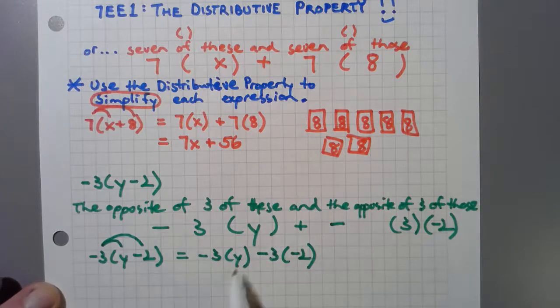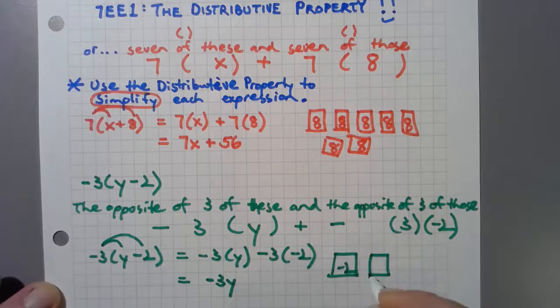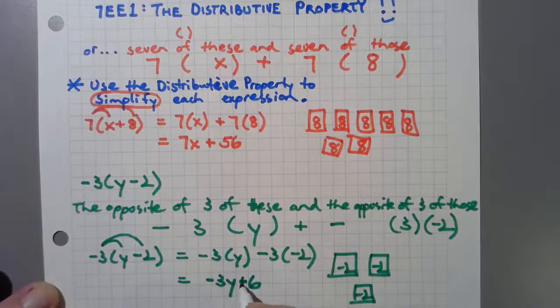So if I take 3 y's, and I have the opposite of that, if I take 3 negative 2's, right? If I have this thing called -2 and I have 3 of them, then I have -6. But if I take the opposite of -6, it's +6.